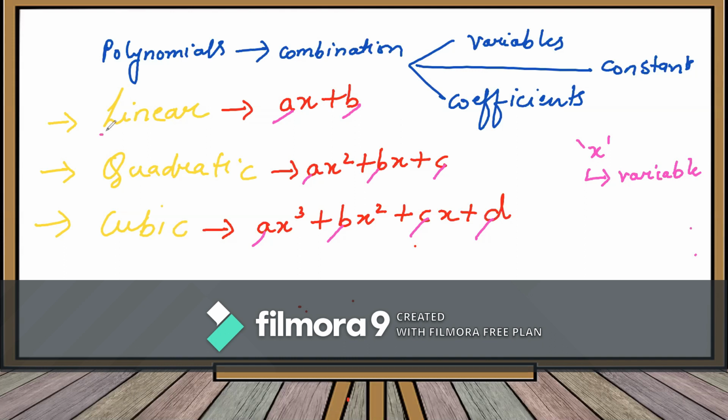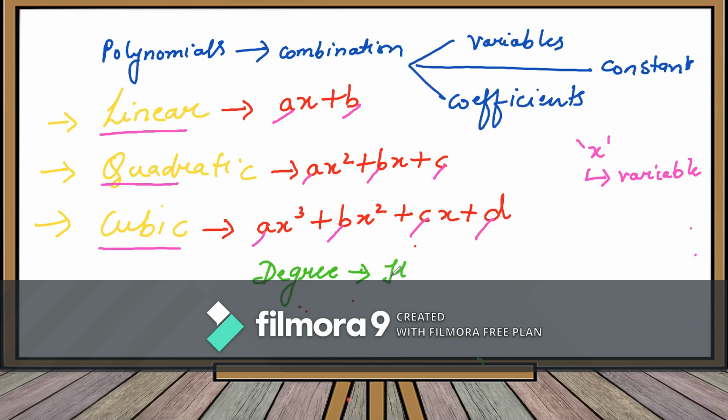What makes it linear, what makes it quadratic, and what makes it cubic? The thing by which we are able to differentiate these into different types of polynomials is basically the degree of the polynomial. Now, what do you mean by degree of the polynomial?